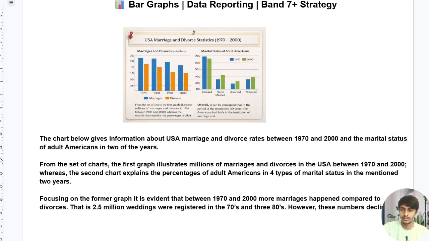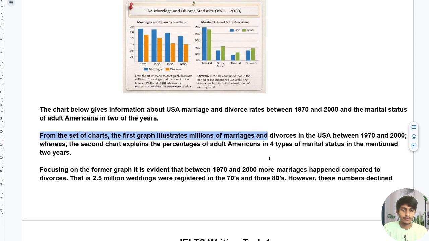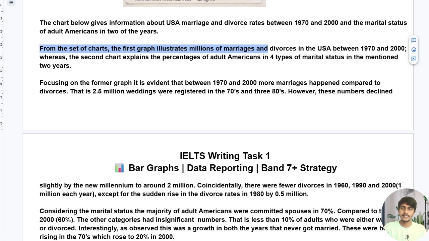From the set of charts, the first graph illustrates millions of marriages and divorces in the USA between 1970 and 2000, whereas the second chart explains the percentage of adult Americans in four types of marital status in the mentioned two years. Focusing on the former graph, it is evident that between 1970 and 2000, more marriages happened compared to divorces.